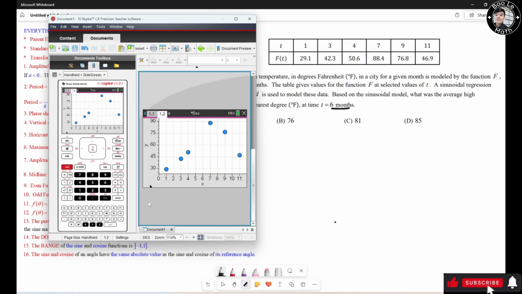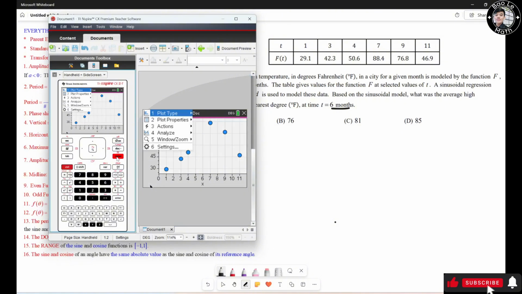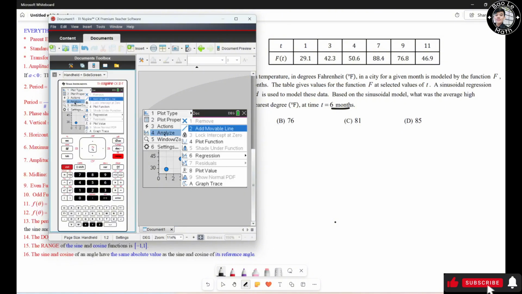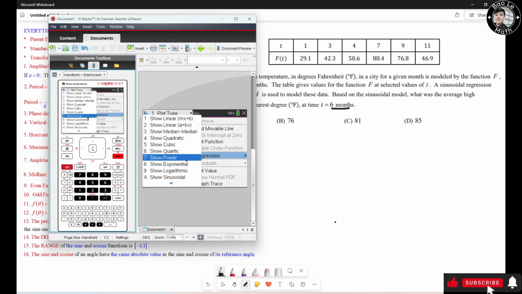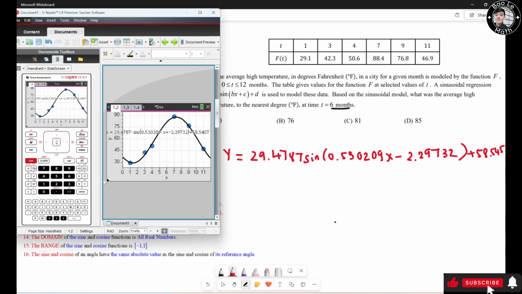Alright, so it looks like a sinusoidal function. And then you hit menu, number 4 right here, Analyze, and number 6 right here, Regression. And then it's this one right here, Show Sinusoidal. So here's the graph and the function.